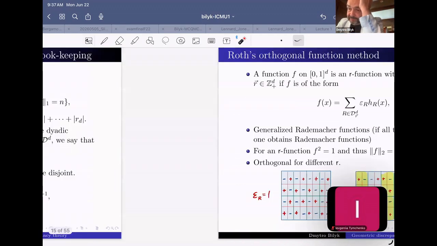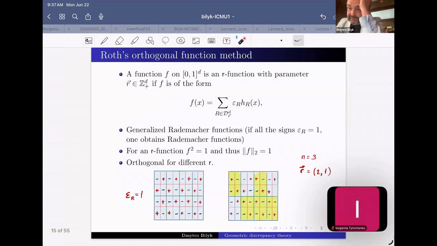Okay, and we will see in a moment how to finish this proof. Okay. All right. So now for every shape, we'll take rectangles of that shape, and we'll take Haar functions of that shape for rectangles of that shape, and we will multiply them by some coefficients, which will be just plus or minus 1. So these will be so-called generalized Rademacher functions, or just R functions.